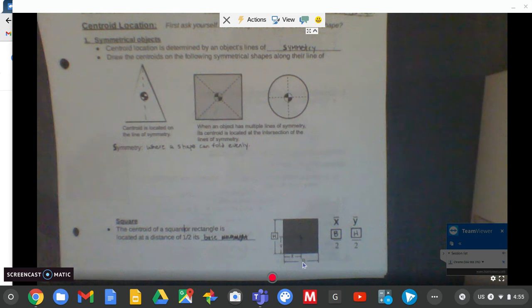So if you had a base of 3 inches and a height of 4 inches, the x coordinate would be 1.5 inches, and the y coordinate would be 2 inches. You would go 1.5 inches over, 2 inches up, draw your BMW centroid symbol, and then draw dimensions saying, okay, this is 1.5 inches, this is 2 inches. That's how you do it for a square.